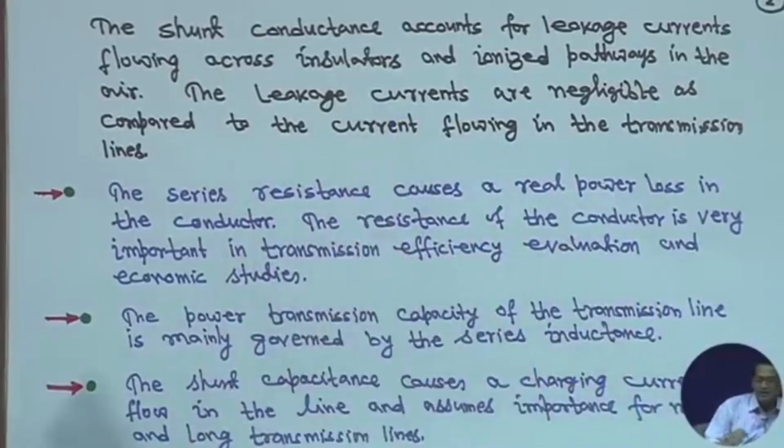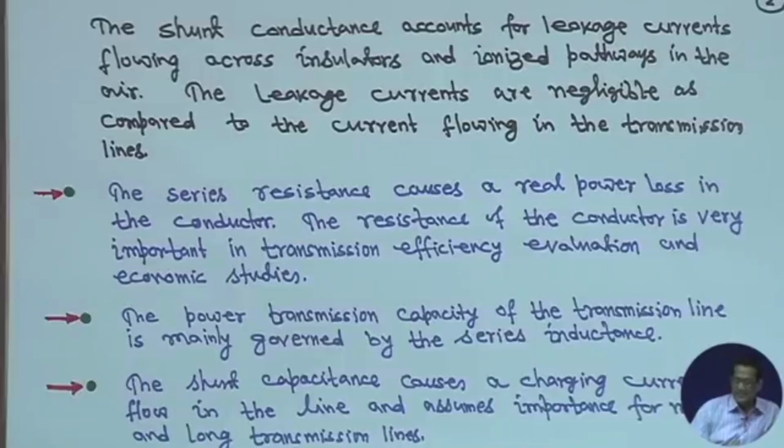So we will not consider this shunt conductance for our study. But for the sake of clarification, for a transmission line we consider four parameters: resistance, inductance, capacitance and conductance.